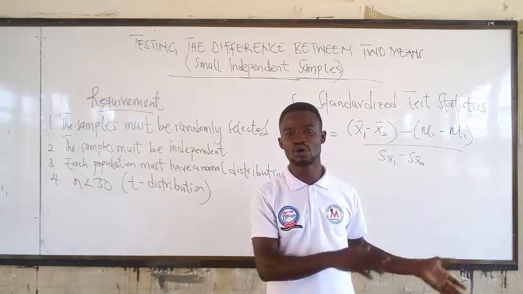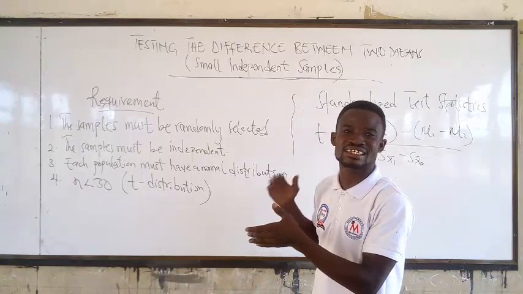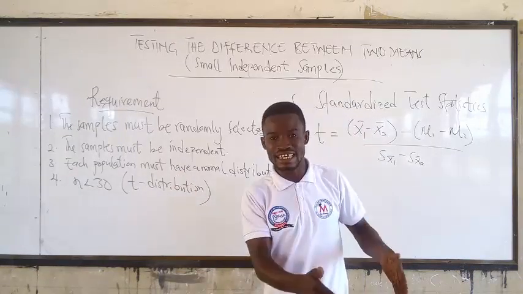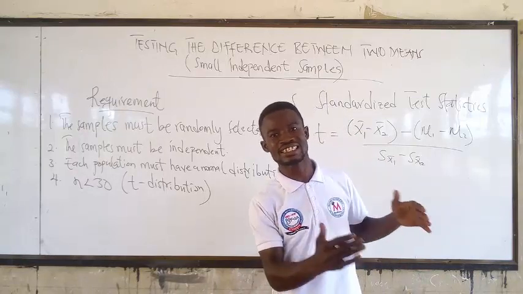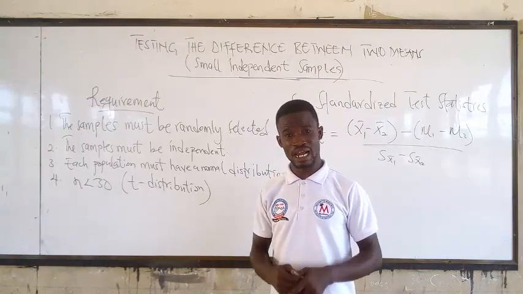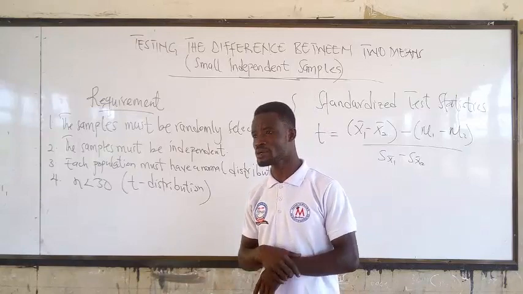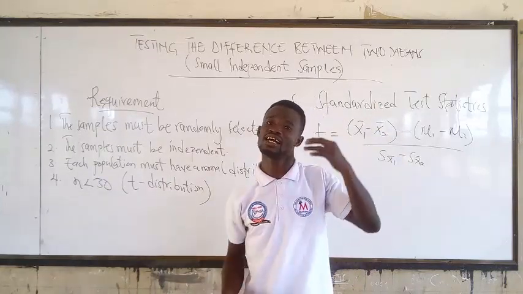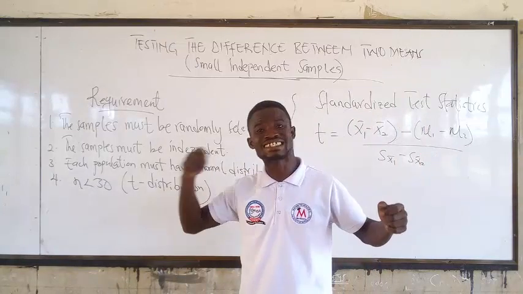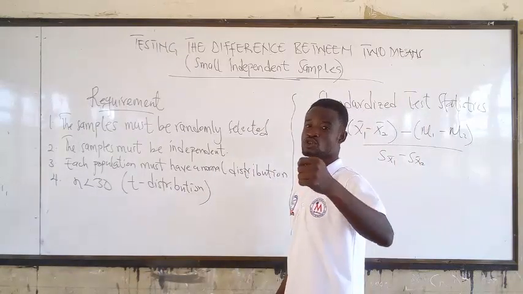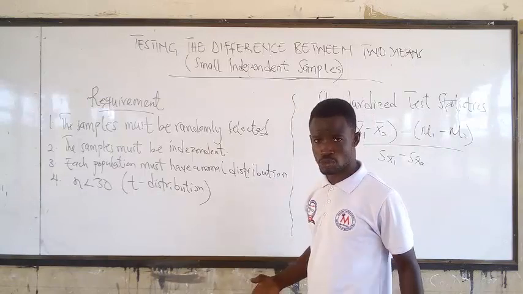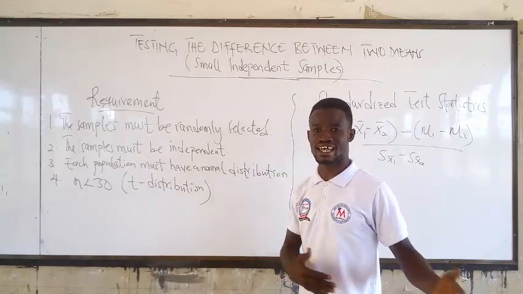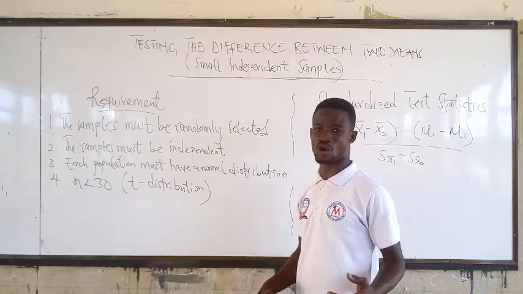In the previous video, that is when the sample size is greater than 30, and that is when we use the Z score or the Z test. Please, don't forget about all these things. Because even from the beginning of all that we are doing, whether we are using the Z test or the T test, or whether the Z distribution or the T distribution, anytime your sample size is less than 30, that is when we use the T test.